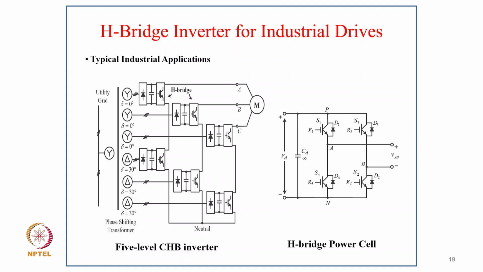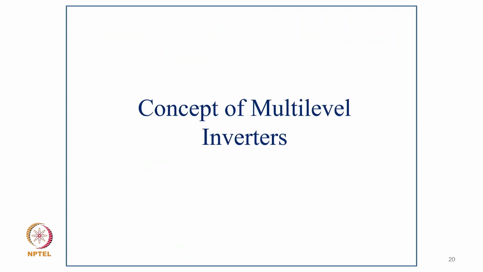A typical bridge inverter application is a 5-level cascaded H-bridge inverter, and this is one typical cell of the H-bridge. There are many applications, including the so-called rolling cone drive, in which on the input side we have a multi-pulse converter giving isolated DC, and then we use hybrid inverters in series, so that the number of levels is increased, you can reduce the switching frequency, and you can go for high power.